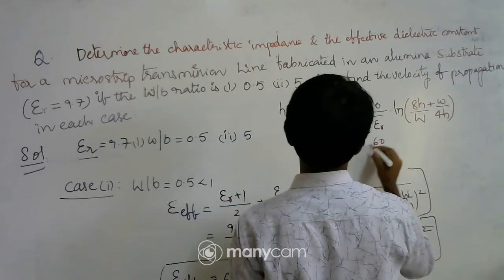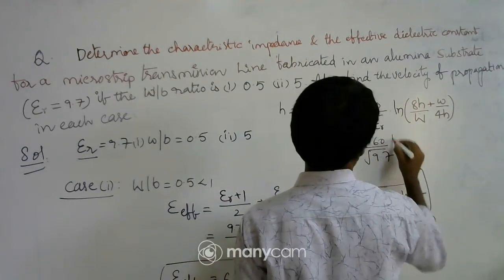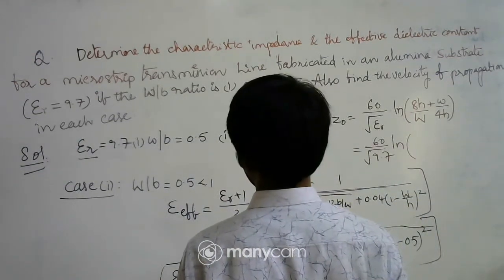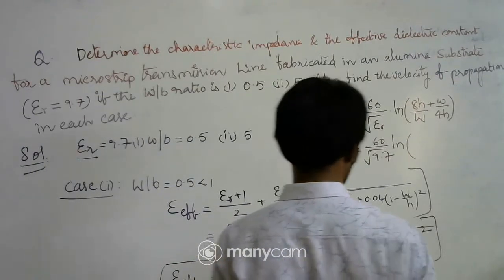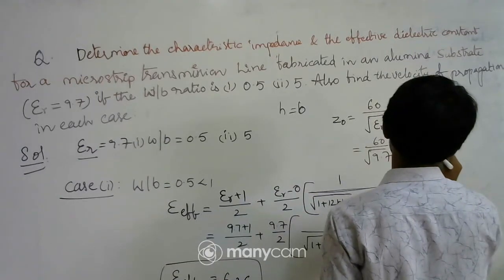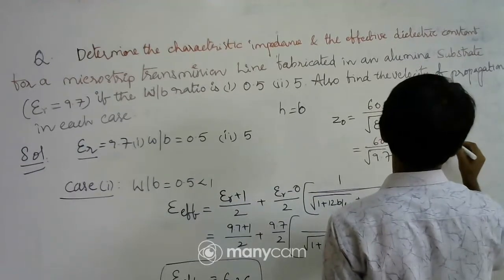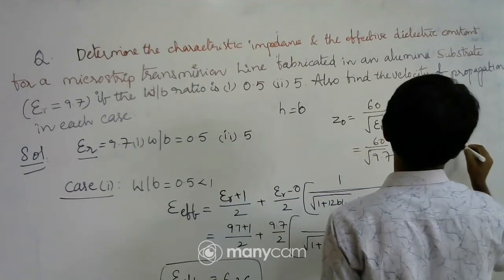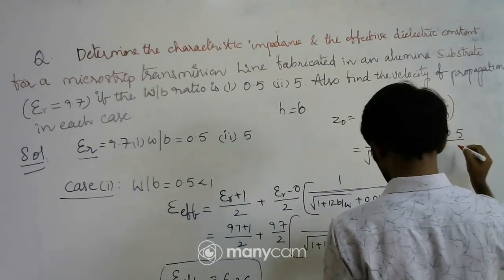So 60 divided by square root of 9.7 into logarithm of 8 into 1 by 0.5 plus 0.5 divided by 4.